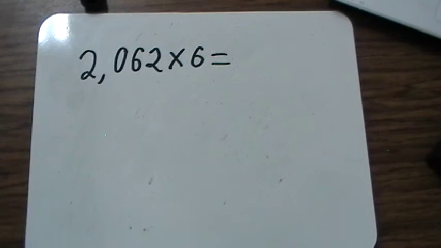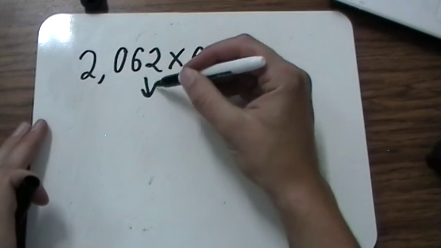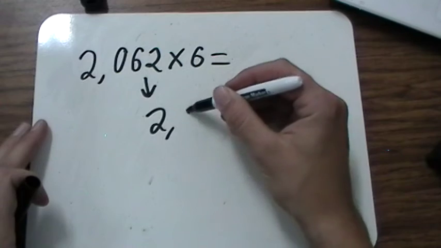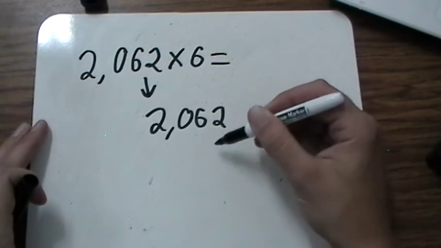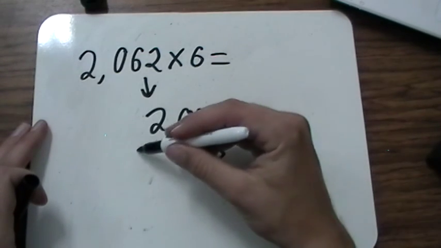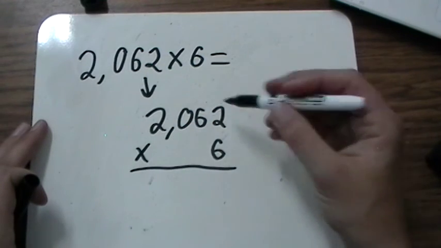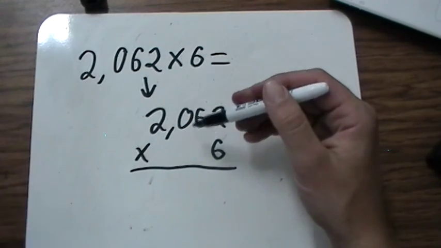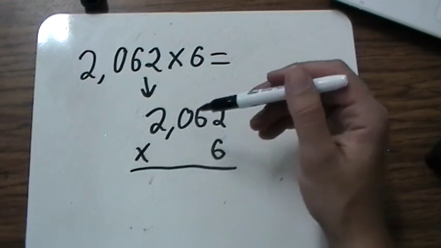Now that is way too hard to try to do without rewriting the problem. So to rewrite the problem, I'm going to rewrite it so that it's on top of one another. I'm going to write 2,062 first and write 6 underneath. Multiplication symbol, equal bar. This problem is the same as this.